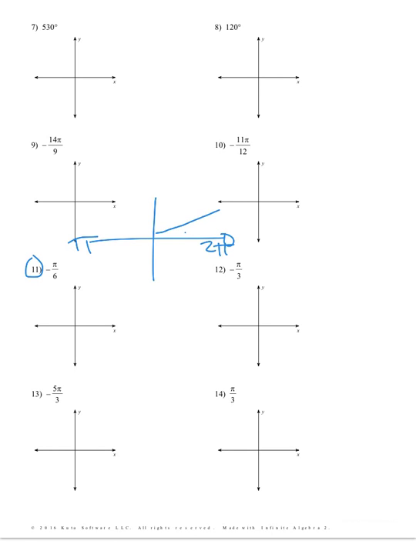The next one up would be 2 pi over 6, or pi over 3. This would be 3 pi over 6, which is pi over 2. So keep in mind that pi over 6 was right here.